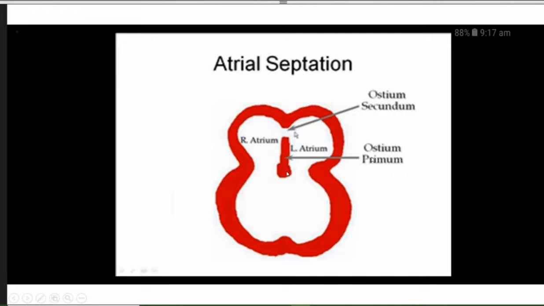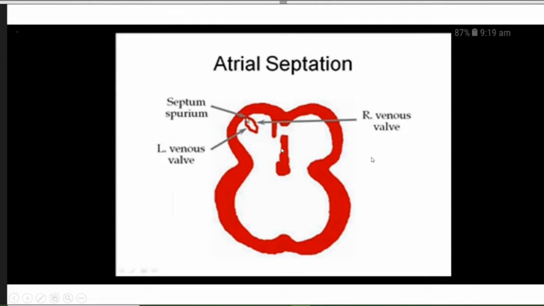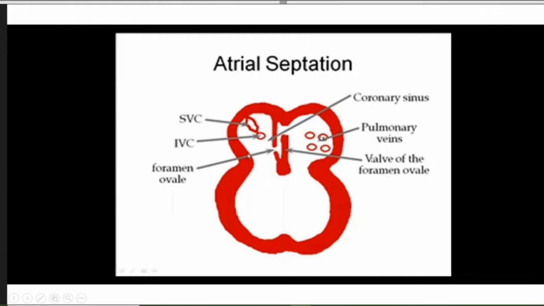By then, the ostium primum fuses with the endocardial cushion. Then we have another septum called septum secundum forming to the right of the septum primum, which grows down and covers the lower part of the septum primum. And the oblique passage between the right and left atrium is the foramen ovale.